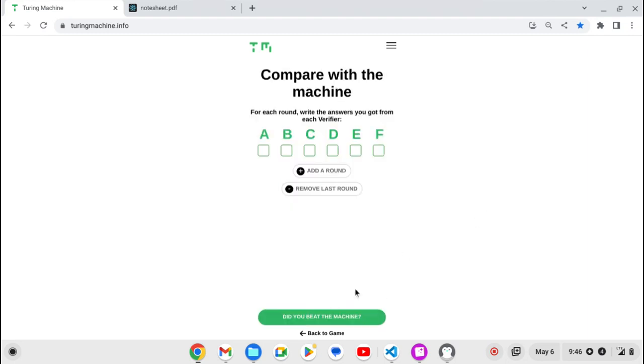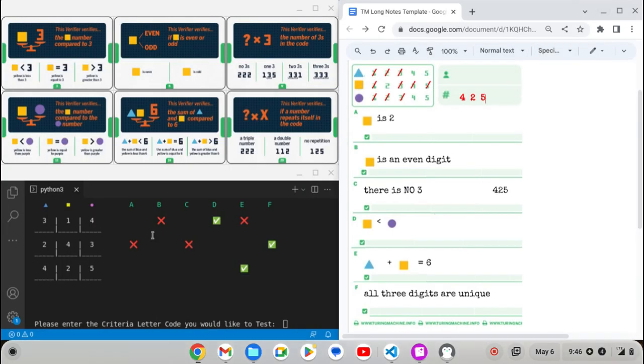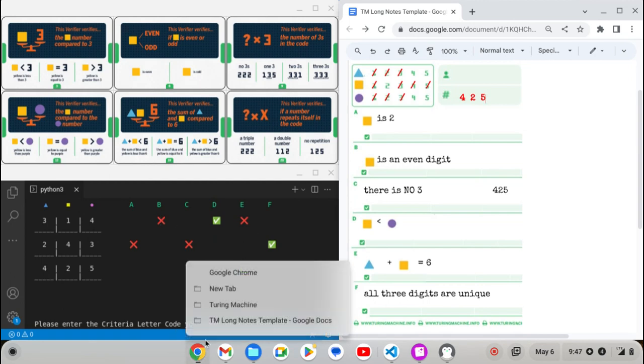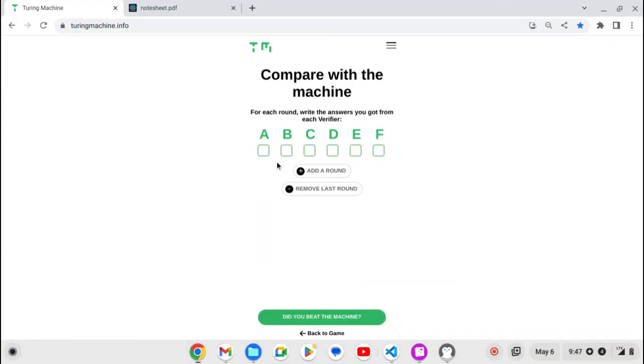But let's see if we beat the machine. Let's go back and see what we tested. In our first proposal, we did BDE, and I believe D was the only correct one.